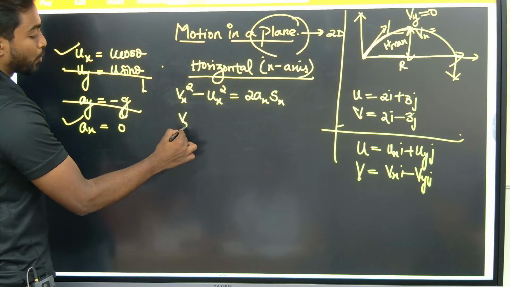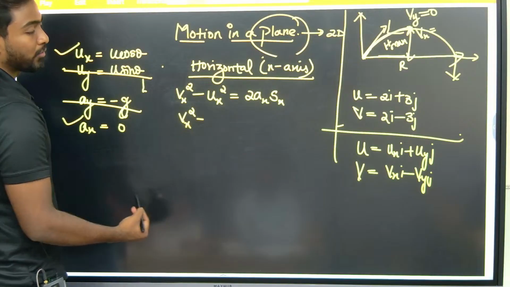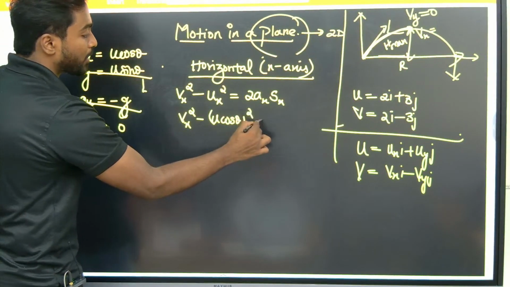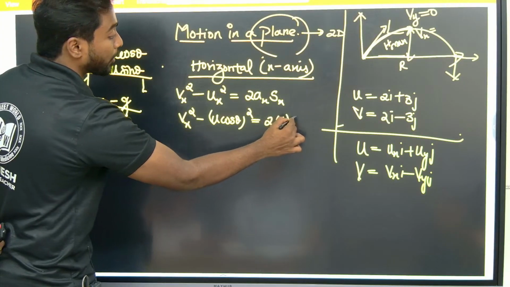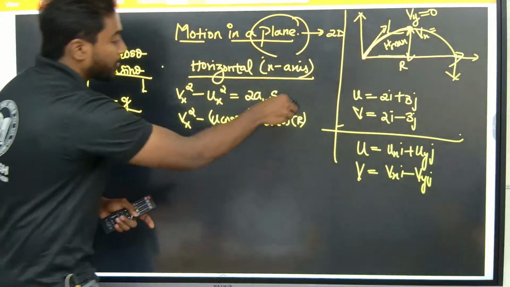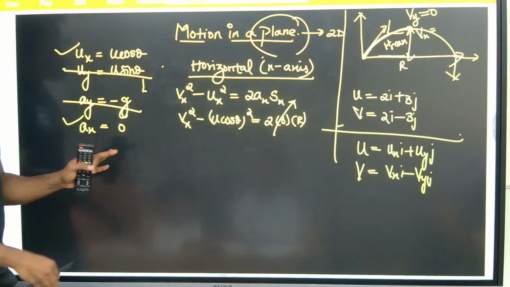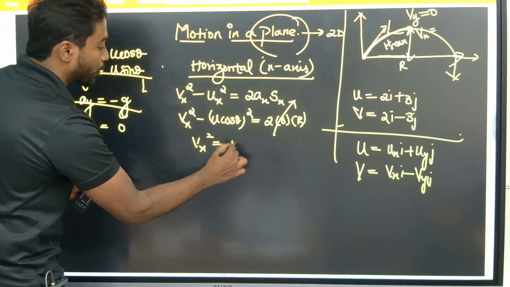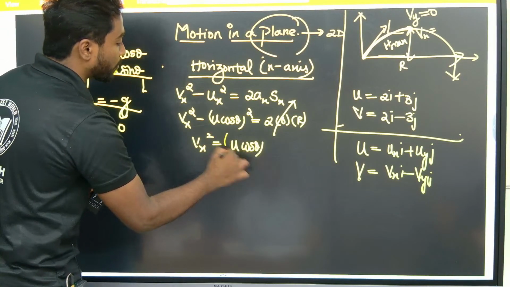Final velocity I don't know, I keep as it is. Initial velocity I know, that is nothing but u cos theta the whole square, which should be equal to 2 times 0 into range. So the total value becomes 0, I can neglect that. So vx square should be equals to u cos theta the whole square.